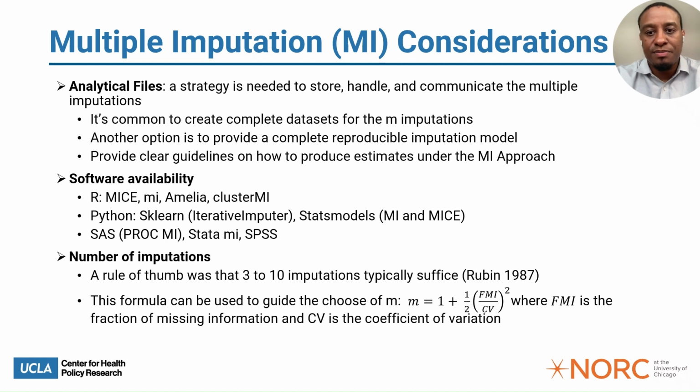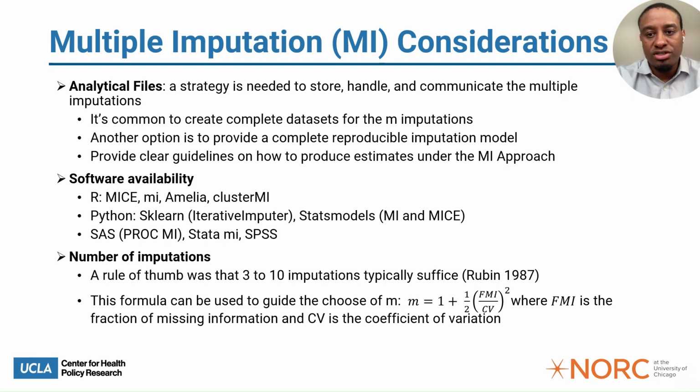There are important practical issues to manage when using multiple imputation. Here are a few to keep in mind. First, let's talk about the analytical files. You need a strategy for how to store, handle, and communicate the multiple imputations.